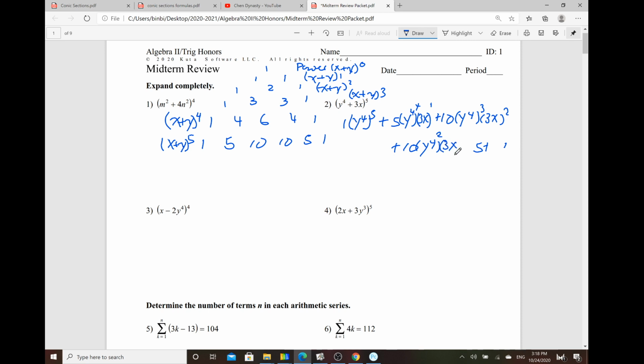And then at the same time, for the second element, 3x quantity to the power of 3. And then plus 5 times, because the coefficient here is 5, 5 times y to the power of 4 to the first power times 3x quantity to the power of 4.